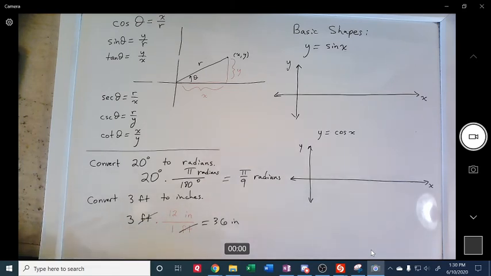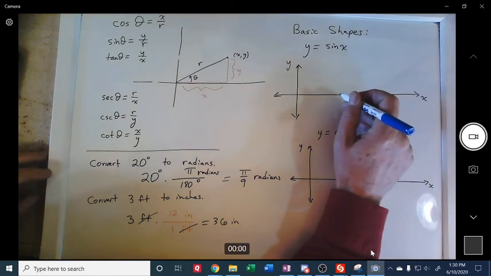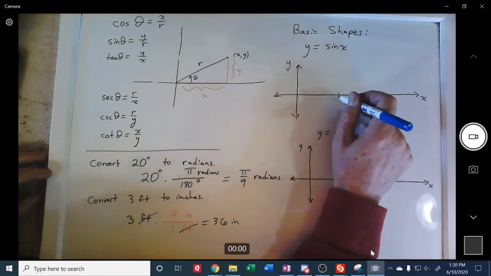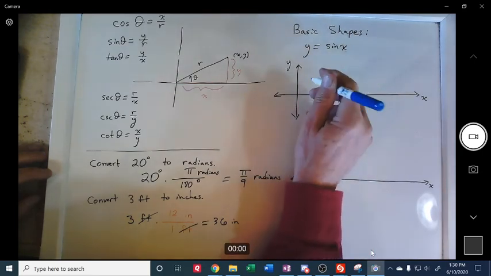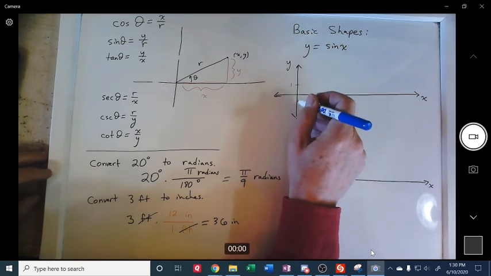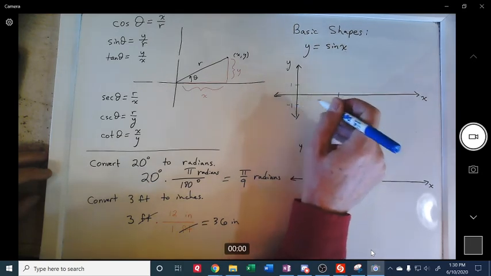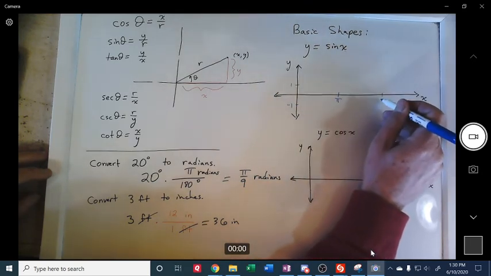Okay, I'll give you 30 seconds more. Hopefully it's something you remember real quick. Alright, for both of these, the period is 2 pi. Now, pi is 3.14, and so about 1/3 of that should be my height, which is 1 and negative 1, and then 2 pi.